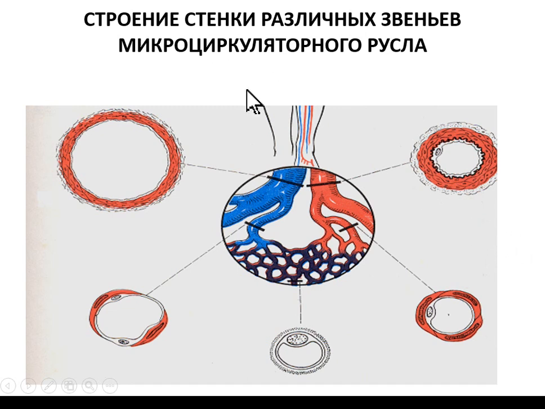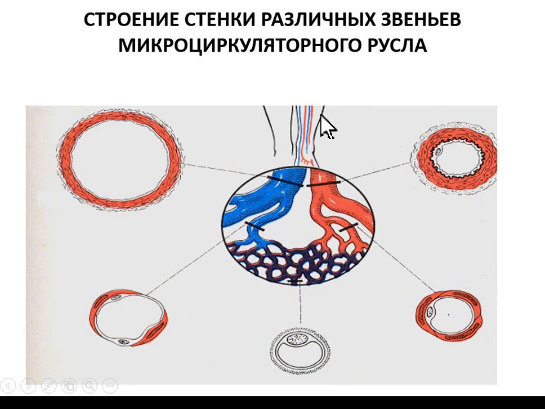What we can see are these elements of the microcirculatory bed. We can see the arterioles, precapillaries, capillaries, postcapillaries, and venules.